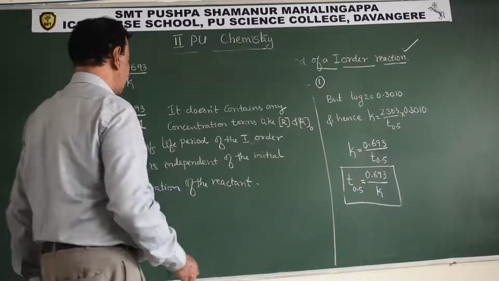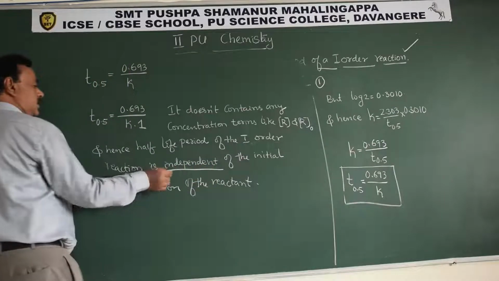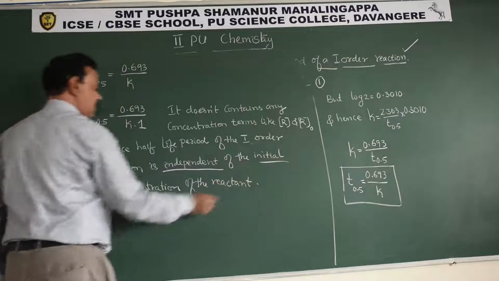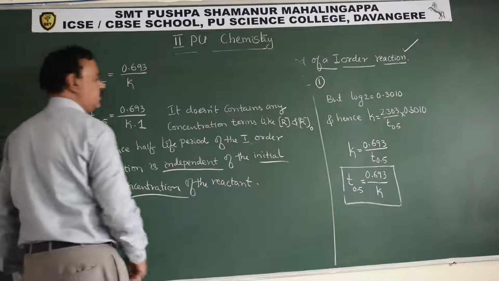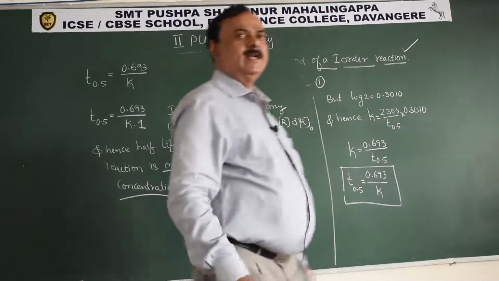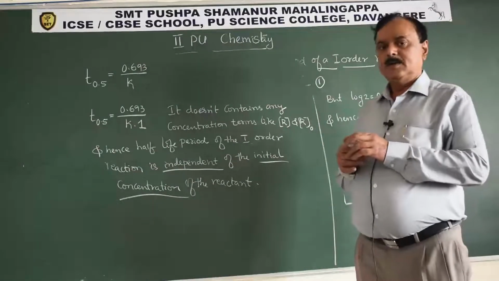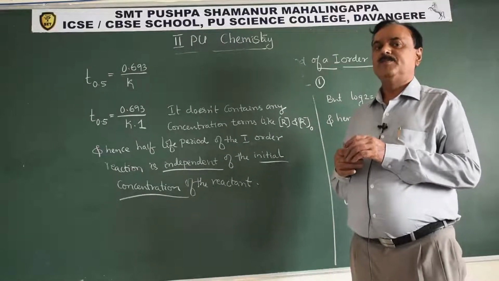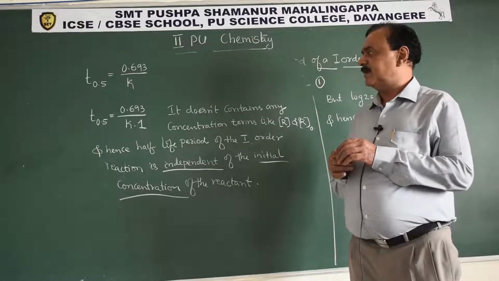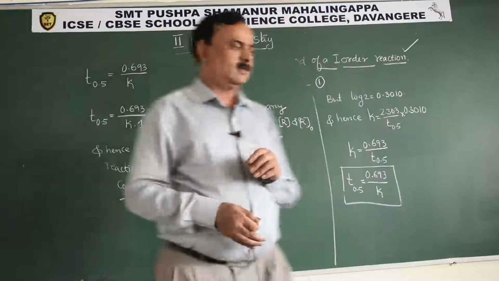Is it clear? This is a very important one. In some cases, they will ask you to derive an expression for the half-life period of the first order reaction, or how do you say that the half-life period of the first order reaction is independent of the initial concentration of the reactant.